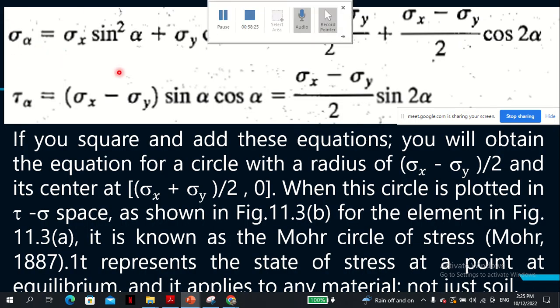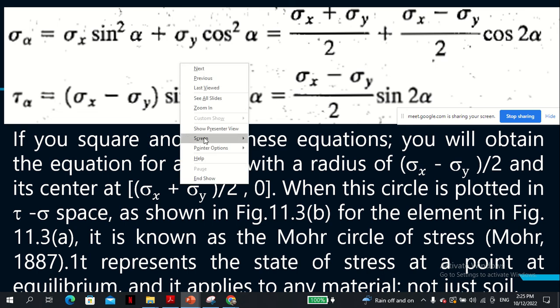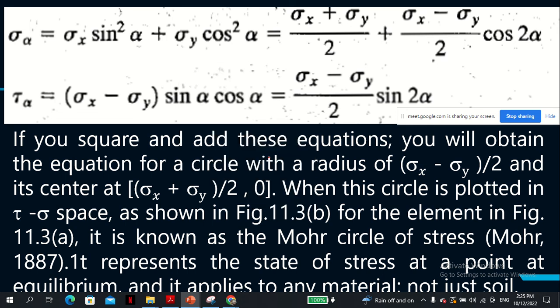So this is the solution, in fact, for the equation. And this, in fact, you remember the solution for a circle. I'm sure your memory from high school should be much better than mine.